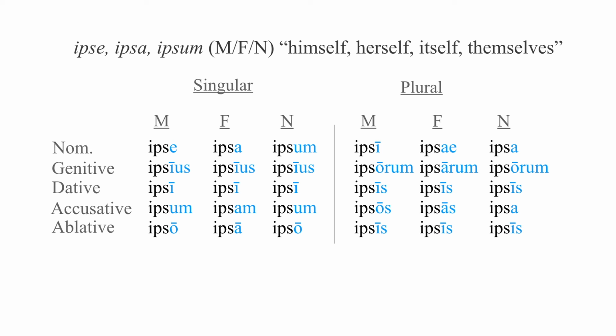Ipsius, ipsius, ipsius for the genitive, ipsi, ipsi, ipsi for the dative, accusative, ipsum, ipsam, ipsum, for the ablative, ipso, ipsa, ipso. For the plurals, we have ipsi, ipsae, ipsa, ipsorum, ipsarum, ipsorum, ipsis, ipsis, ipsis, ipsos, ipsas, ipsa, and finally ipsis, ipsis, ipsis.